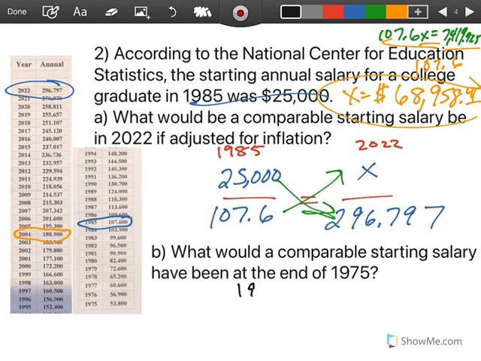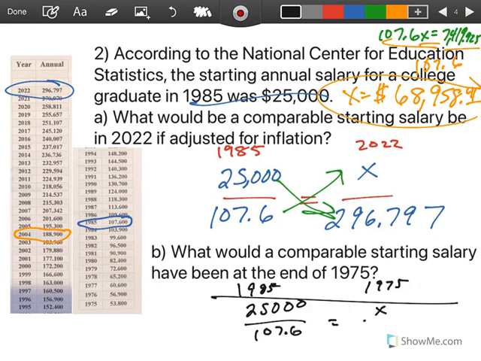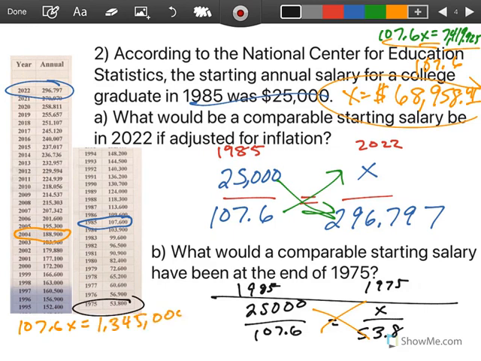Let's do the same thing. Let's compare 1985 to 1975. So again, we'd have the 25,000 over 107.6, and then X over 1975 would be 53.8. Okay, well, we cross multiply. 107.6X equals 1,345,000.